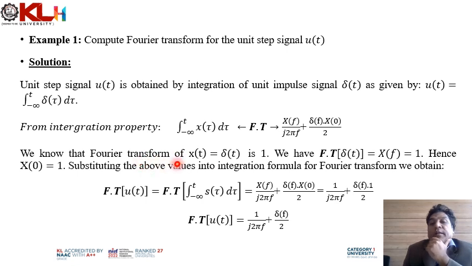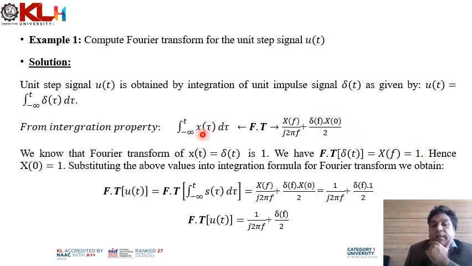Now we know the Fourier transform of delta of t, which is x of t in our case, is simply 1. Therefore capital X of f is 1. Hence we can substitute 1 in the place of capital X of f here, and X of 0 also will be 1.